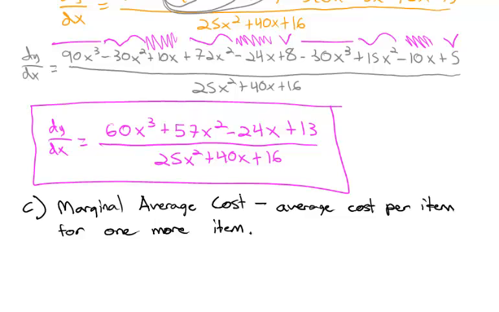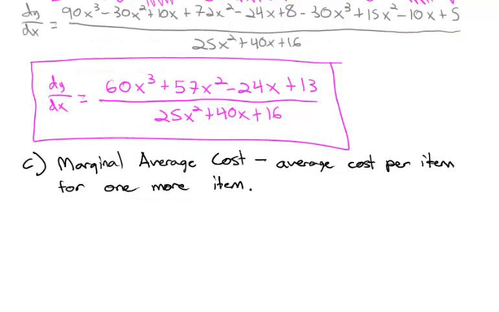We already looked at marginal cost, which was the average cost to produce one more item. But really, if you think about it, producing one more item, that cost can be absorbed by some of the others. So how is the average cost per unit changing? Not just what's happening to the total cost, but what's happening to the average cost per unit. Because that's going to reveal to us how much more or less we're going to make on the sale of each unit.